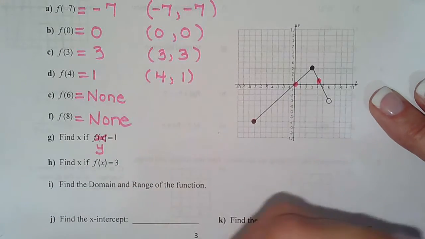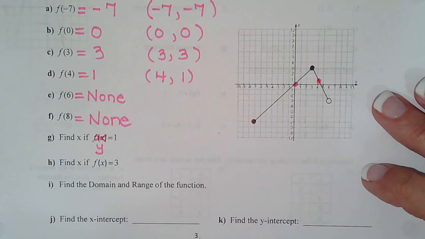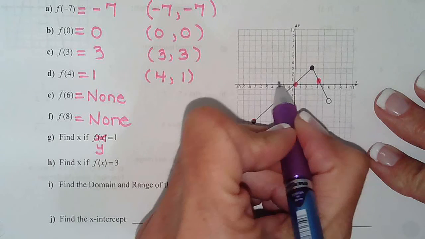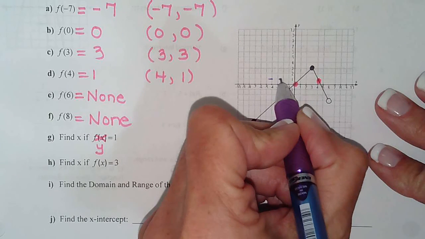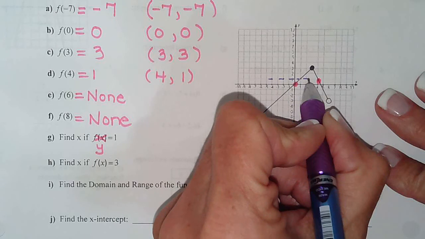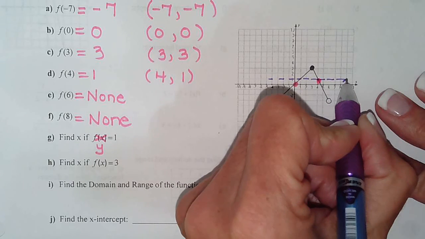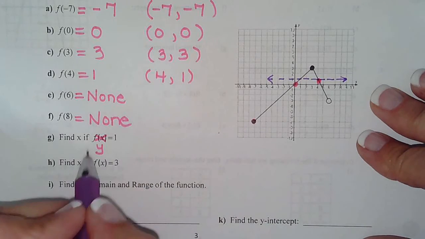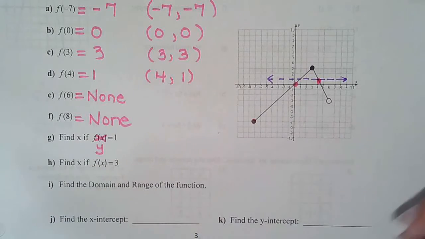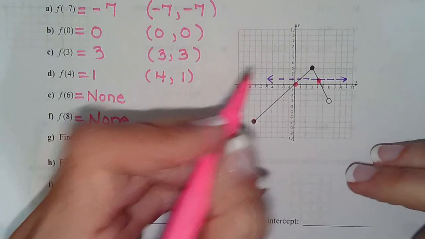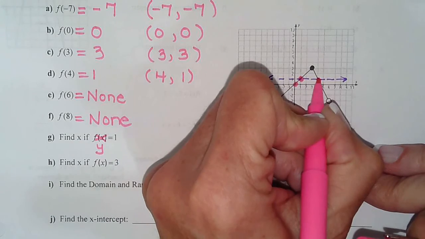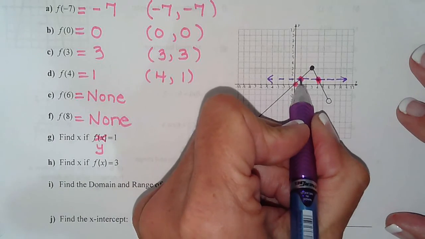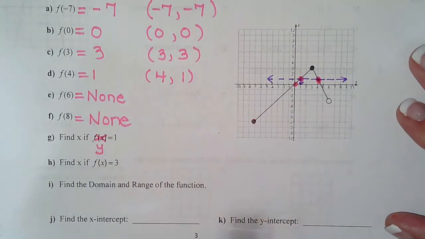So when y is 1, and I'm going to give you a little trick of the trade, especially on things that aren't lines, I make this line where y equals 1 is, just so I can see where it crosses the graph. So when y is 1, do you see that it crosses the graph twice? Guess what? That means I'm going to have 2 answers. So when y is 1, x is 1.